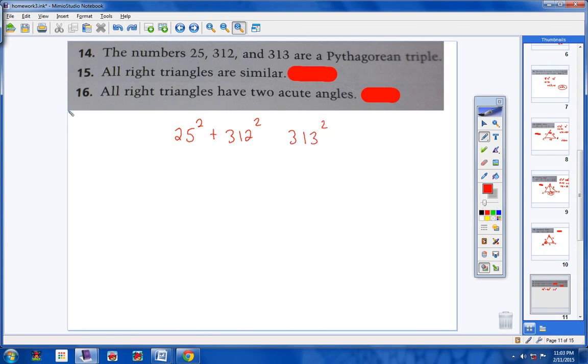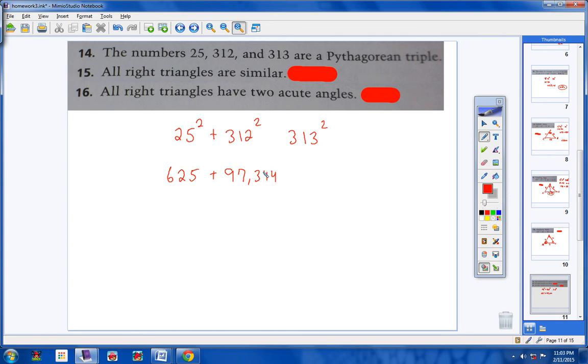Here we go. 25 squared is going to give you 625. And 312 squared is going to give you 97,344.